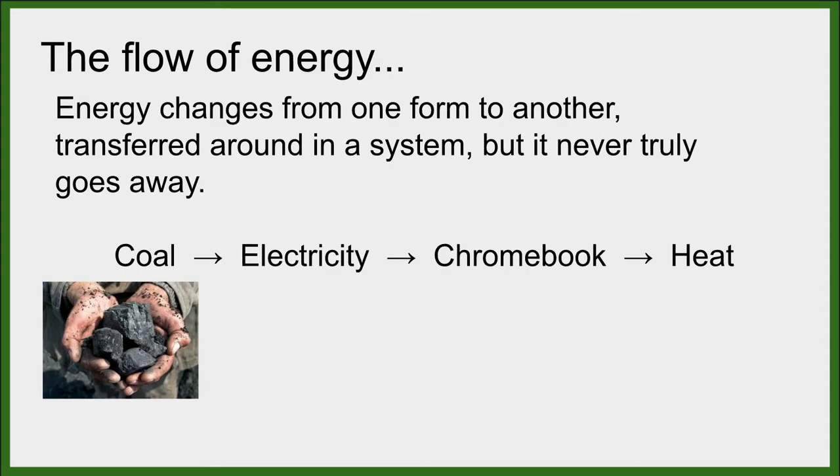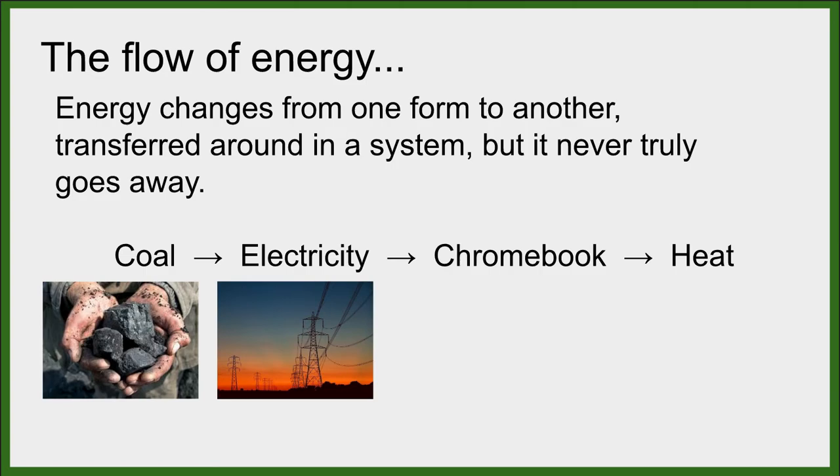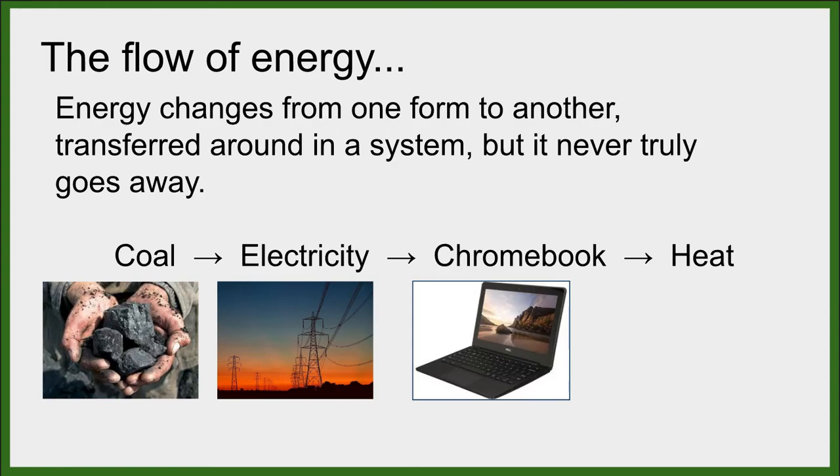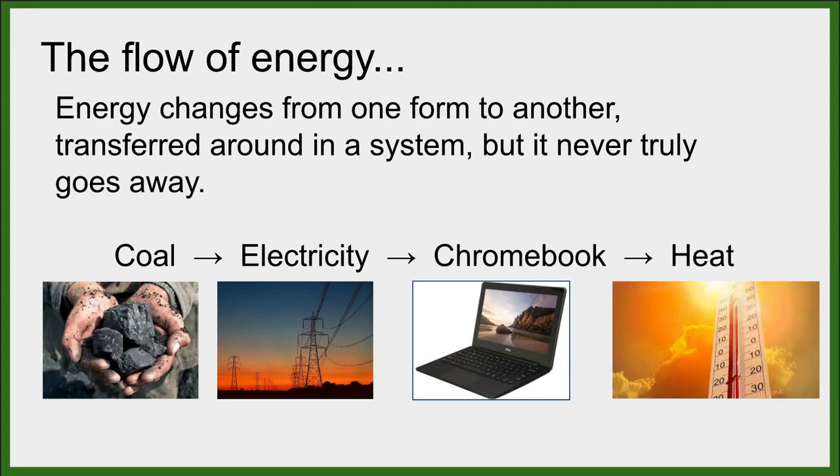There's energy stored chemically in coal, and that is released, and it is changed into a form of energy related to electricity. That electricity is then powering your Chromebook, but your Chromebook is going to heat up, and there's going to be energy that goes into that form.